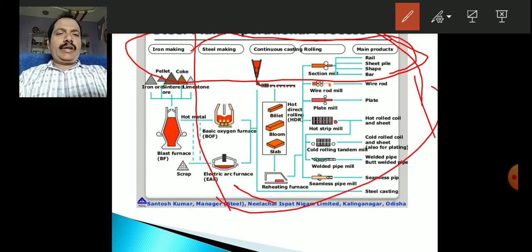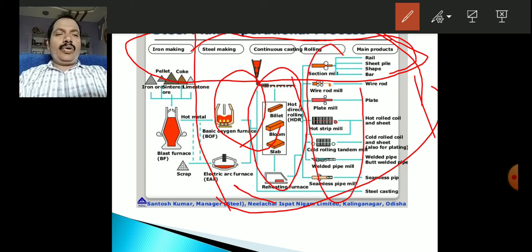In the steel making process, we find basic oxygen furnace and casting and rolling and finished products we have. So these are the different processing units in iron and steel plant.